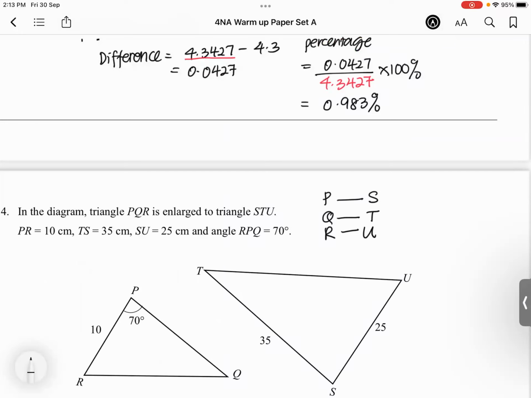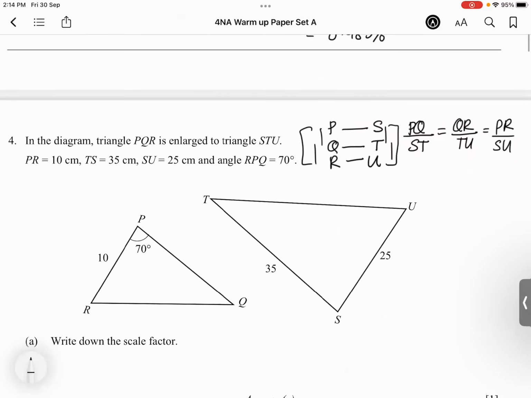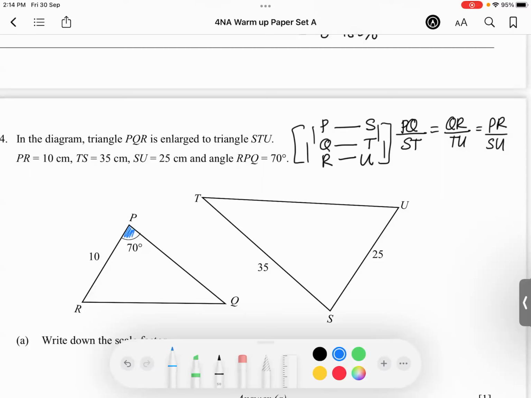So if you have the different points over here, you will notice it is PQ over ST, then equals QR over TU, then PR over SU. Okay, write down the matching labelings, match the different points and the different angles. So angles in similar triangles are all the same, only the lengths have a particular ratio. So in this case, we match the angle that we have. This is 70 degrees. So in this case, this one is angle P. P corresponds to angle S.